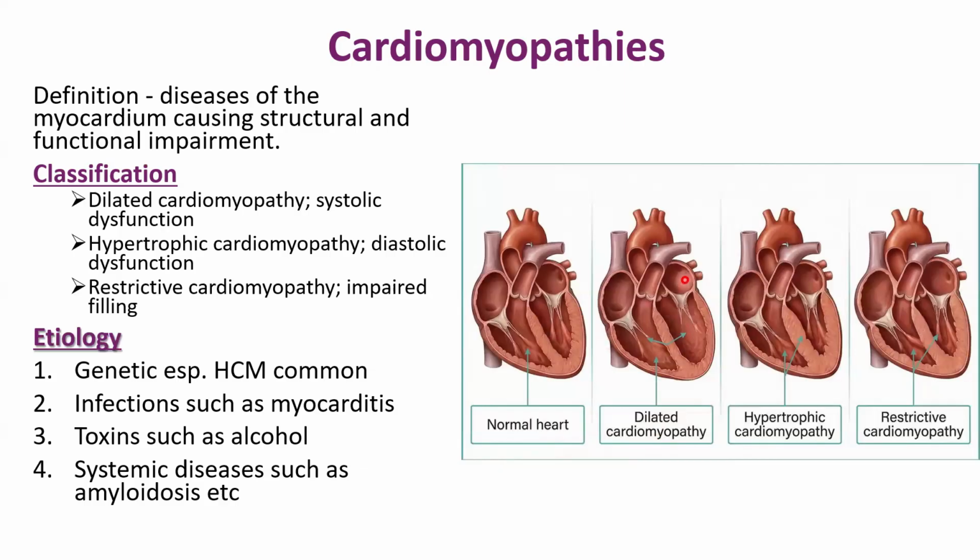You have an issue with the pumping of blood because the chambers are dilated. Then hypertrophic means the heart muscles hypertrophy, enlarging in size, which means an increase in the size of the heart muscle cells.